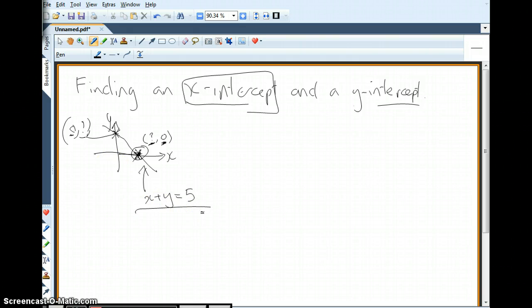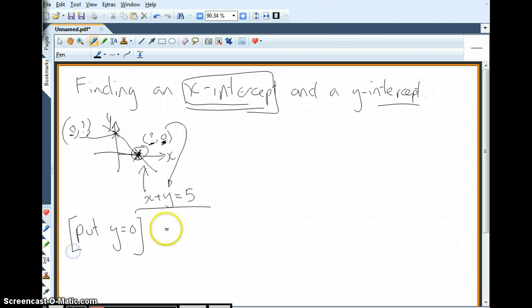I do know something. I know that the y coordinate is 0. So if I put y equal to 0 in the equation, I can then solve the equation to find the x coordinate. Okay, so my method to find the x-intercept is put y equal to 0.